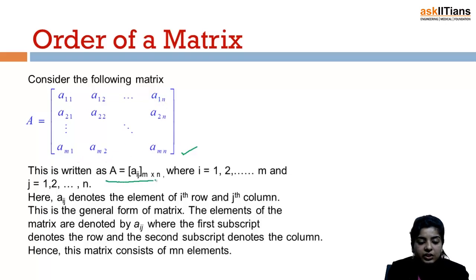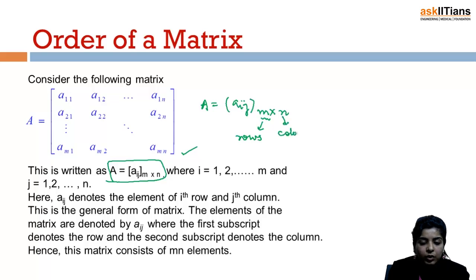This is generally denoted in this form: A equal to [aij] m cross n, where m denotes the number of rows while n denotes the number of columns. So you just need to remember, when we write aij m cross n, the first subscript m denotes the number of rows while the second one denotes the number of columns.